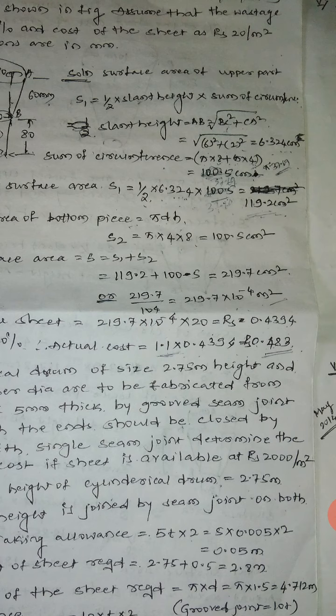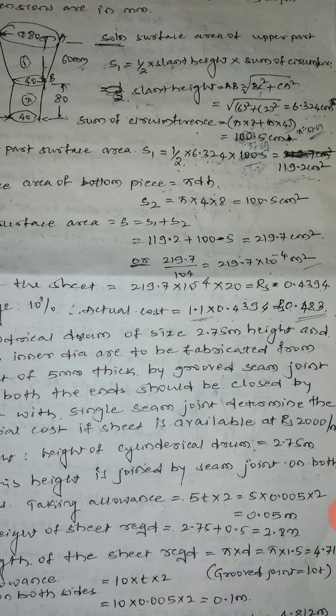The cost of the sheet is given per meter square, that is 20 rupees, so that is Rs 0.4394. With wastage of 10%, the actual cost is 1.1 into 0.439, that is Rs 0.483.